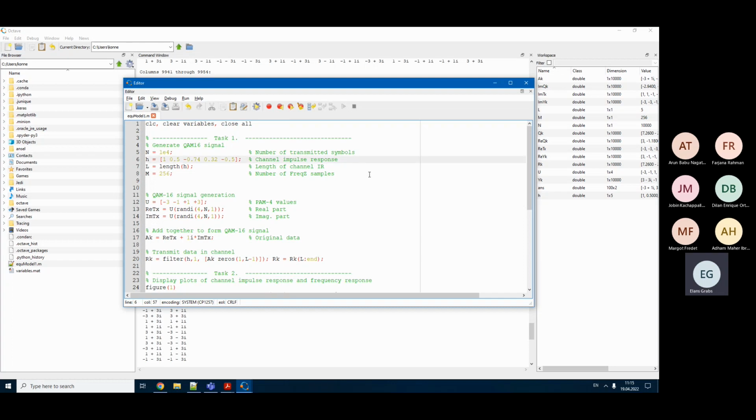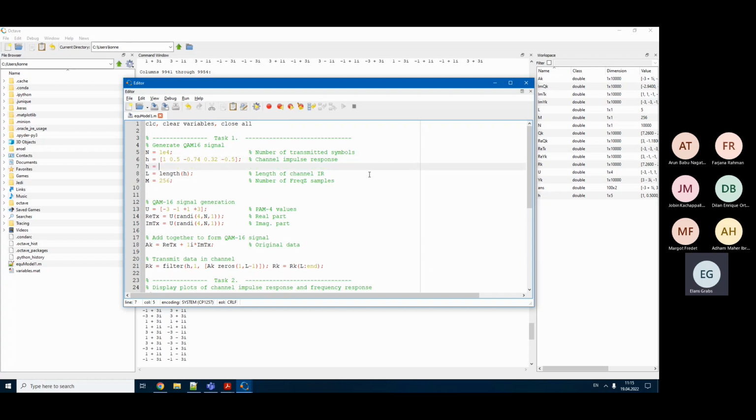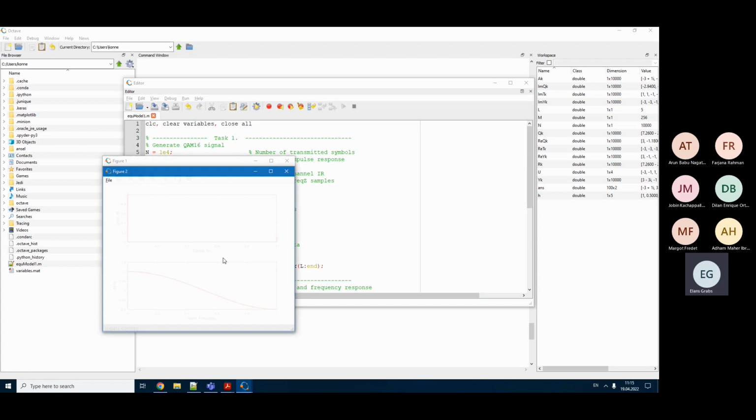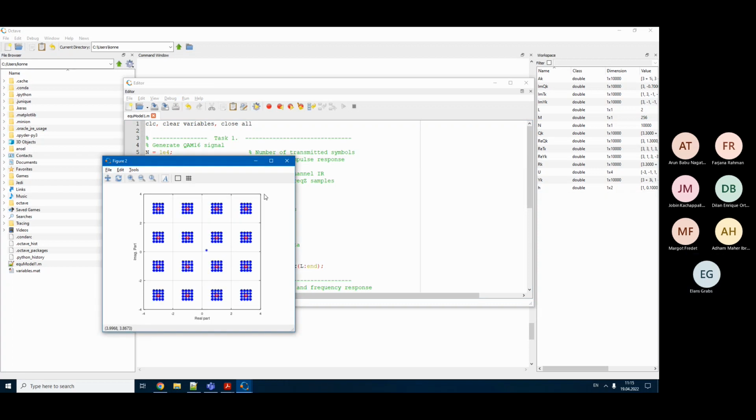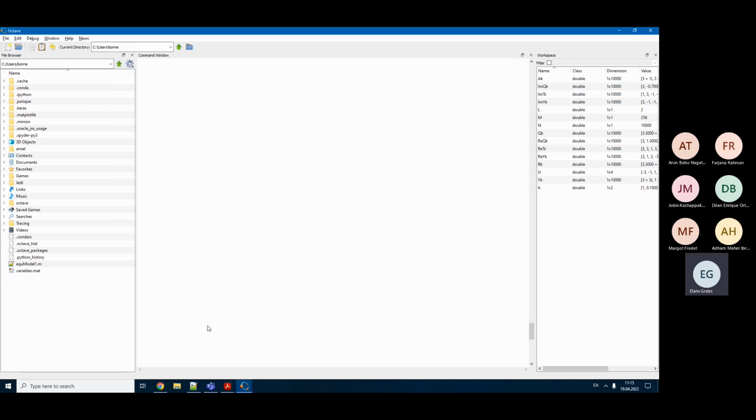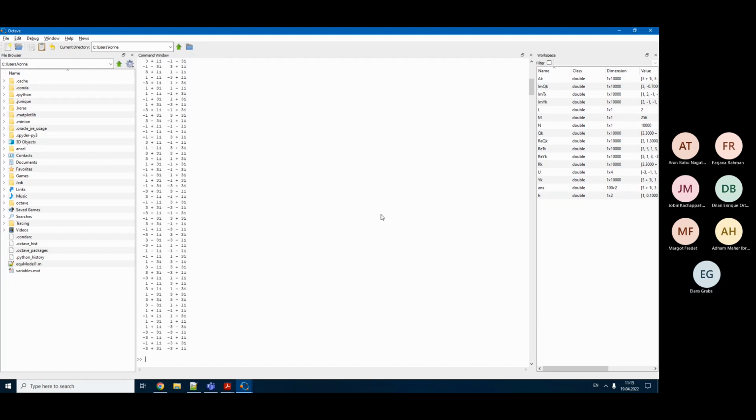So let me make a simpler channel, H1 and 0.1, which shouldn't make so many problems for our signal. That's interesting, but okay. If we will have the same situation here again, then that means we have some problem with detection.